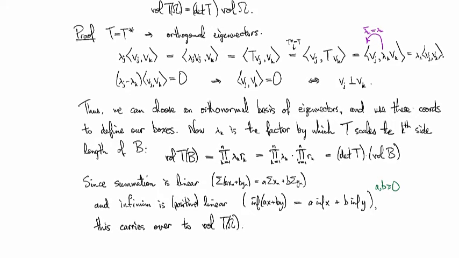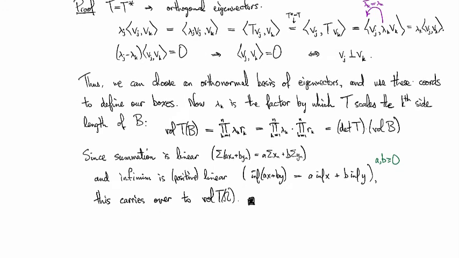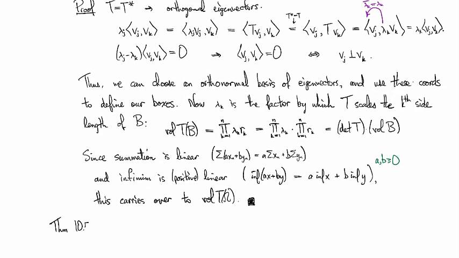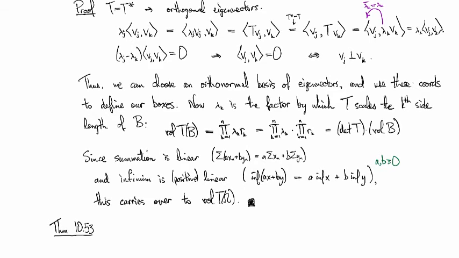So this carries over to volumes for arbitrary sets. Okay, so now that's what we just got, that last result for positive operators. Now we'll do it for isometries, and then in the end we'll do it for arbitrary linear operators.